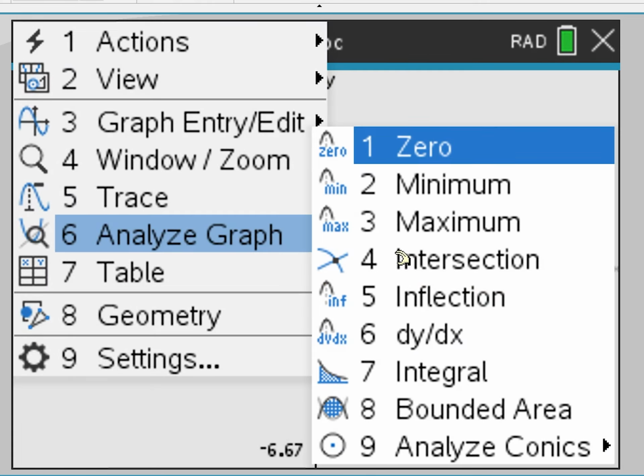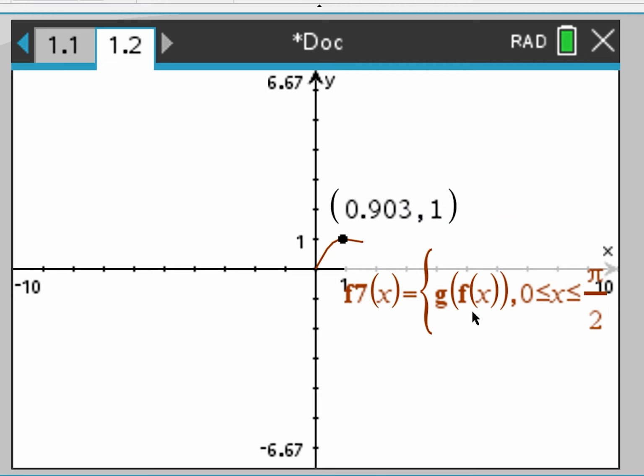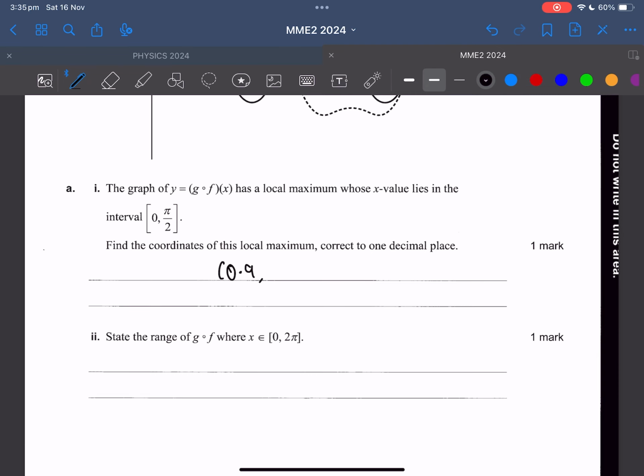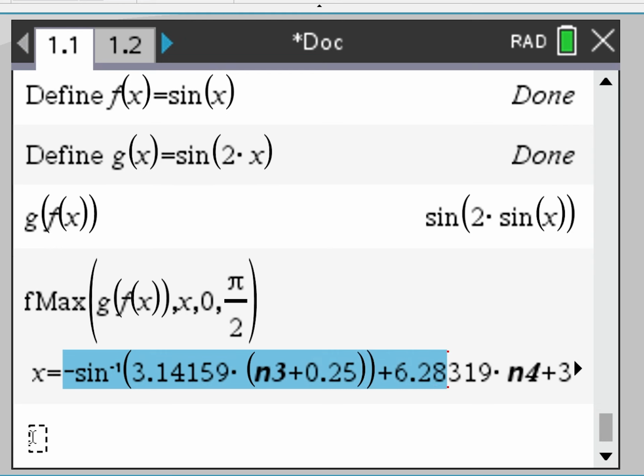Menu 6, 3. Okay. So I guess our coordinates will be 0.9 and 1.0 basically, if it's asking for just 1 decimal place. That's interesting how CAS didn't give us that. Very strange.